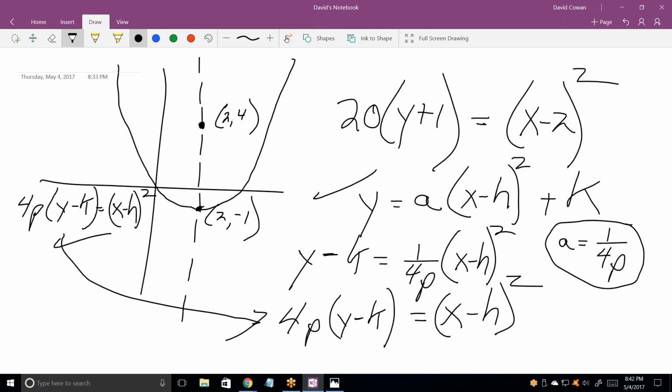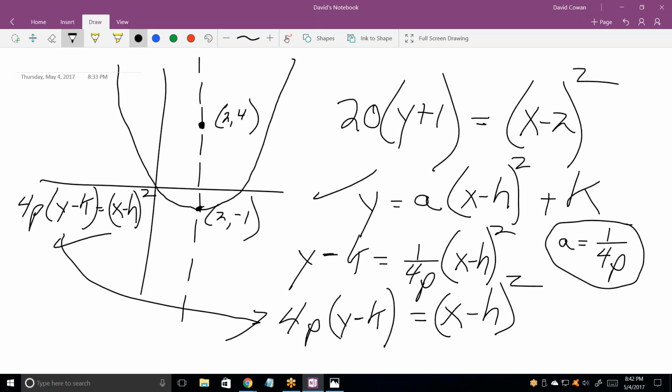That is completely dependent on P. So that's why they convert this standard format to the format that has P in it, because we're always trying to solve for P or we're always given P. They don't give us A. They gave us P by telling us where the vertex was and where the focus was.